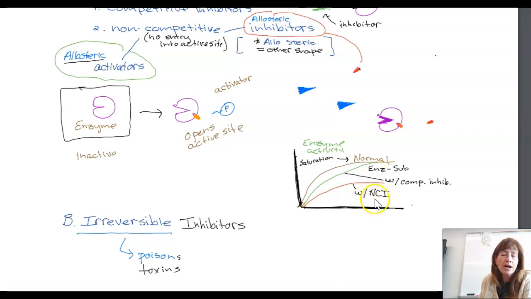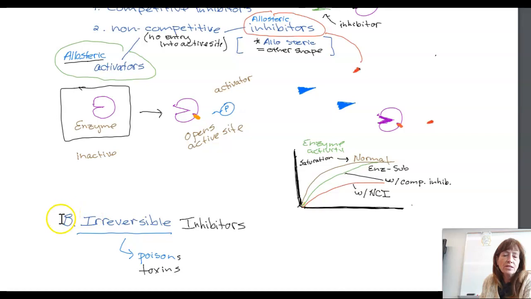When you have a non-competitive inhibitor, though, the one that changes the shape of the enzyme, so sort of puts it out of commission a little bit, you're going to see even a lower rate of activity, and that doesn't reach the normal level. So these are just two different ways that inhibition can happen: competitively, or in this case, non-competitively, which would be that allosteric inhibition.